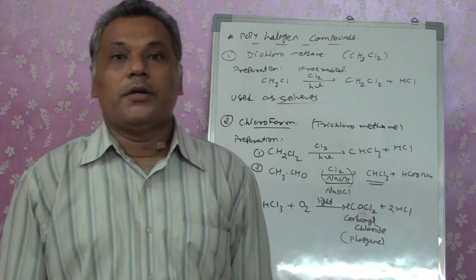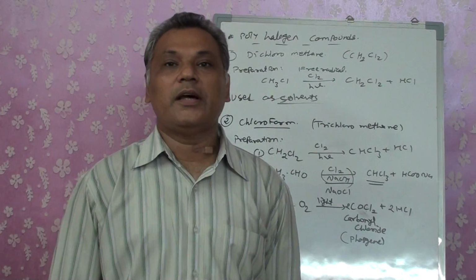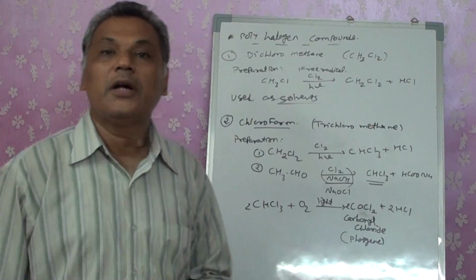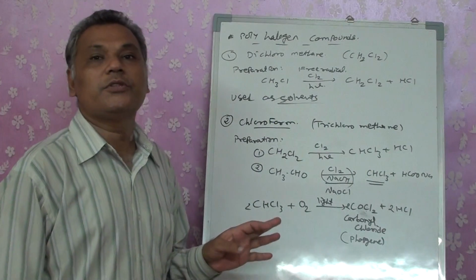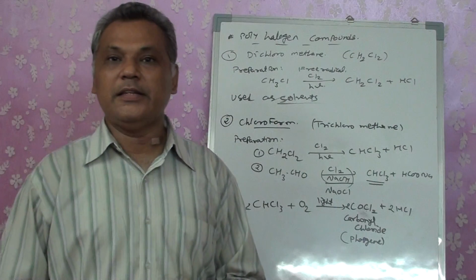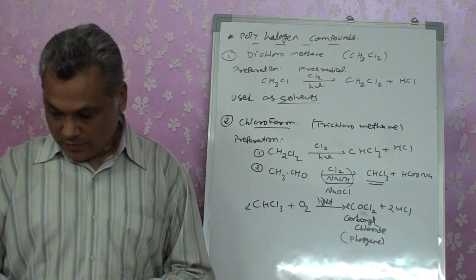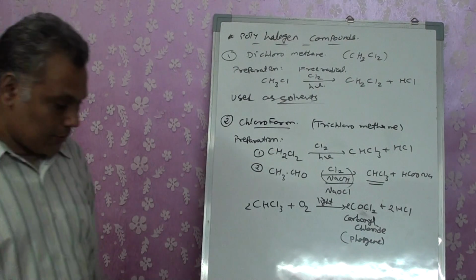Then you can avoid it, right? But it becomes difficult, and if it has not been used for a longer time, this reaction would have taken place, and no one can know how much phosgene has been produced. That is why the alternative, ether, is used as a local anesthesia. So that is the chloroform, which is used, right?